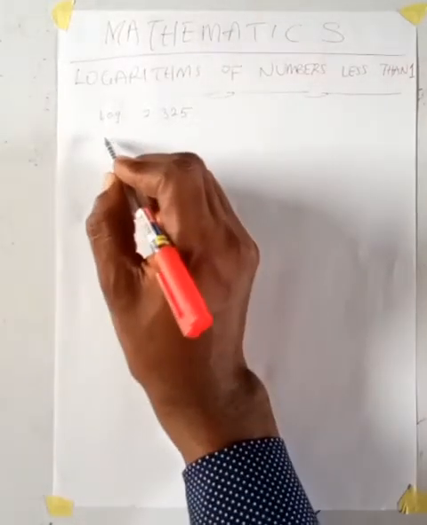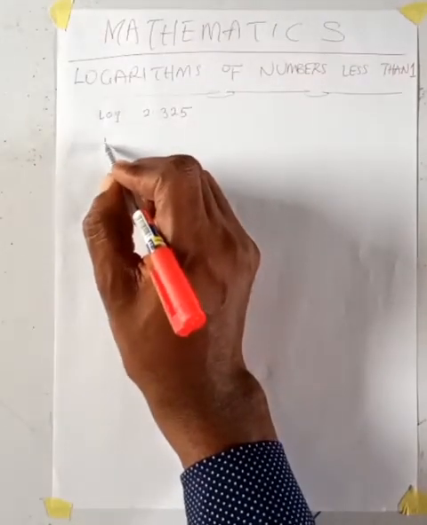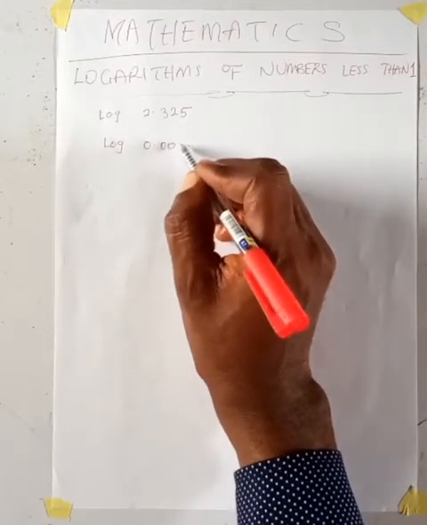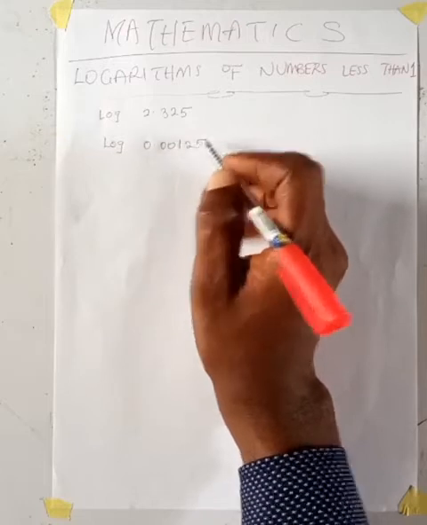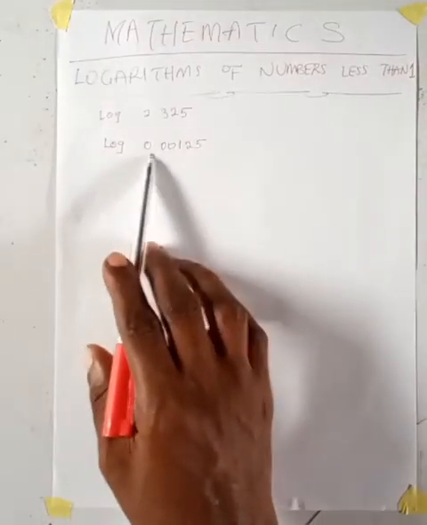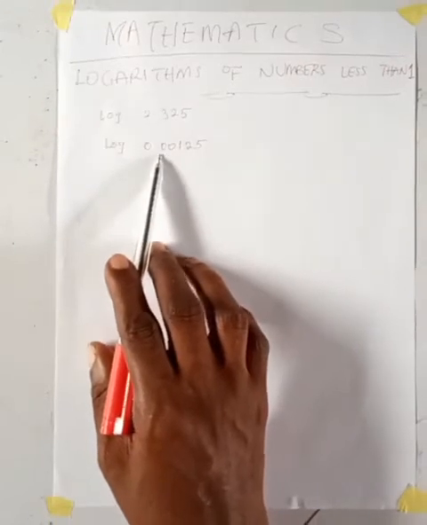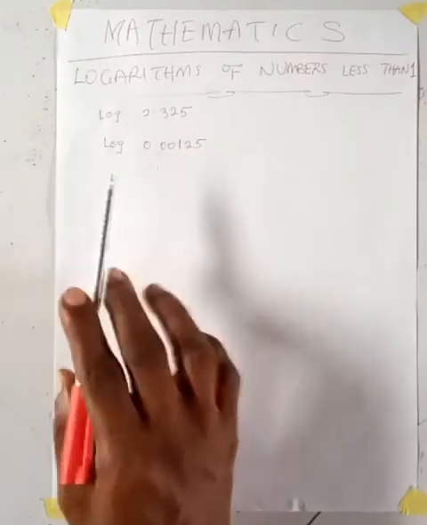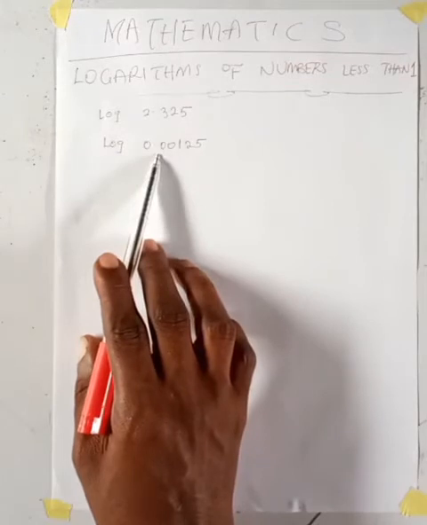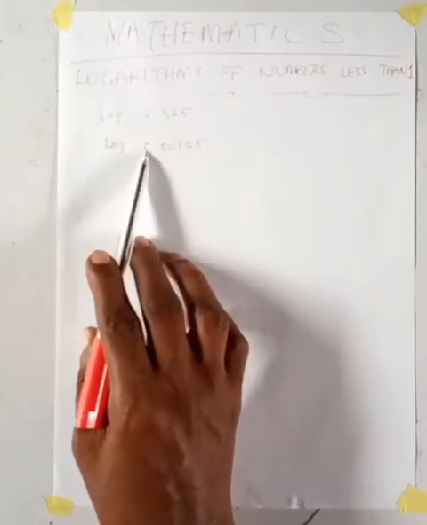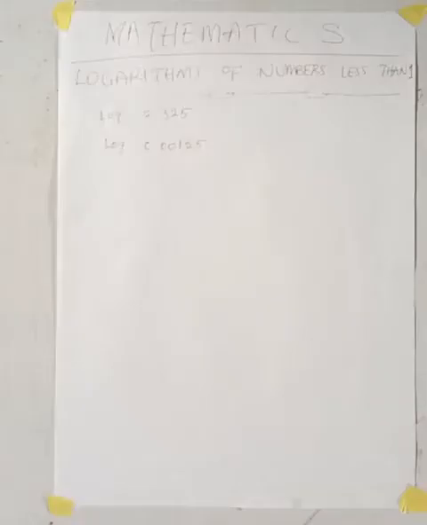For instance, if I am asked to find log 0.00125, this one is going to be termed the logarithm of number less than 1 due to one fact. The fact is that what? The number we have here begins with 0.